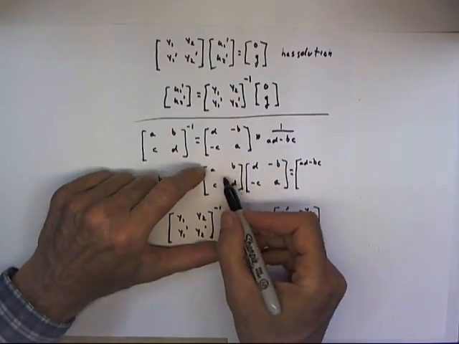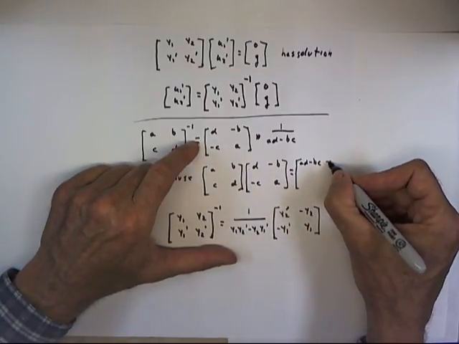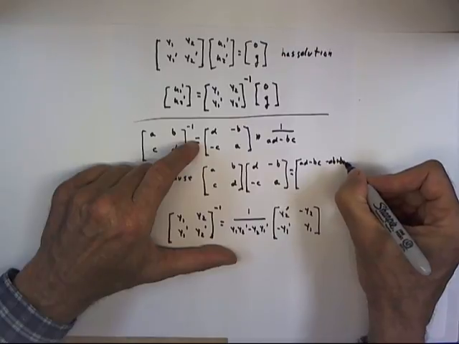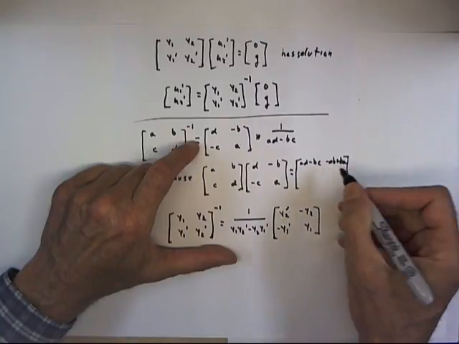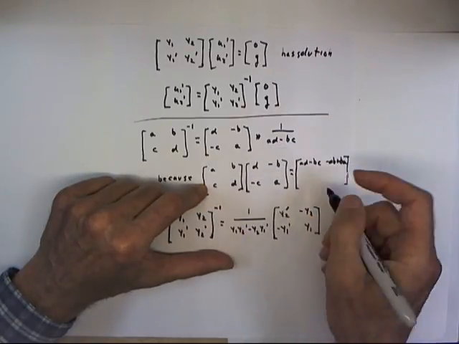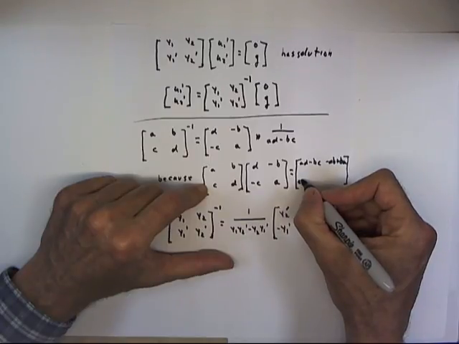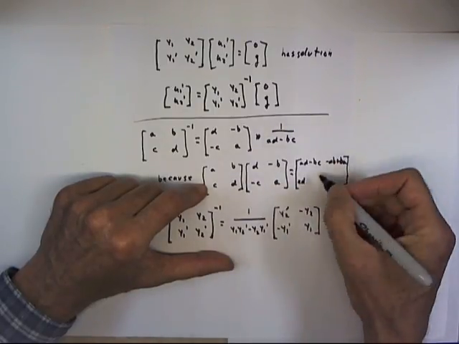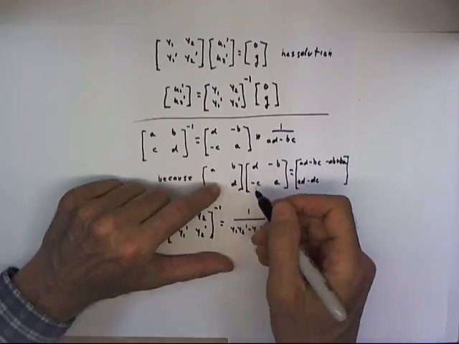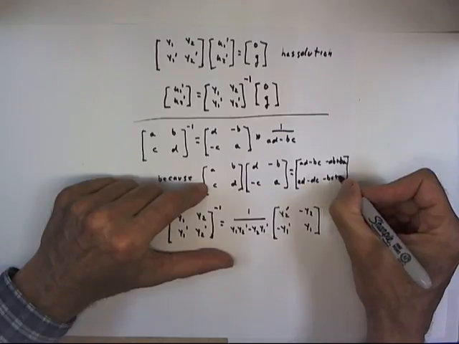Second row times second column gives us negative AB and then plus BA. And of course that gives us 0. And here we get second row times first column gives us CD minus DC, in the second row times the second column gives us negative BC plus AB.